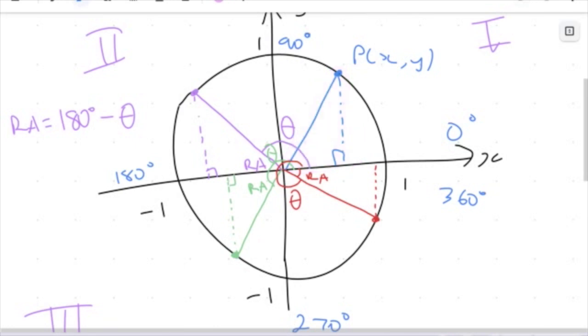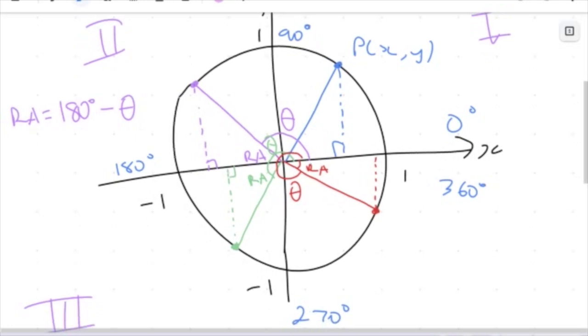In doing this, all of my right angle triangles I've created on this diagram, the blue one, the purple one, the green one, the red one, I can make them into right angle triangles. And what that's going to do is allow us to explore trigonometry in all of these angle values from 0 to 360.